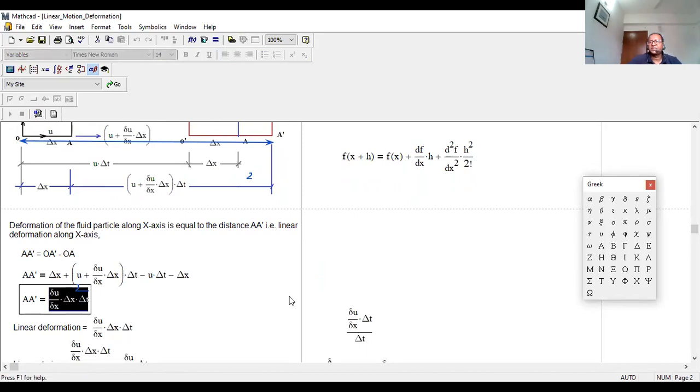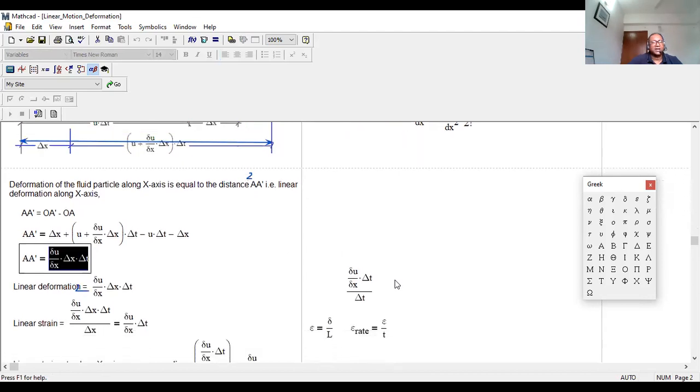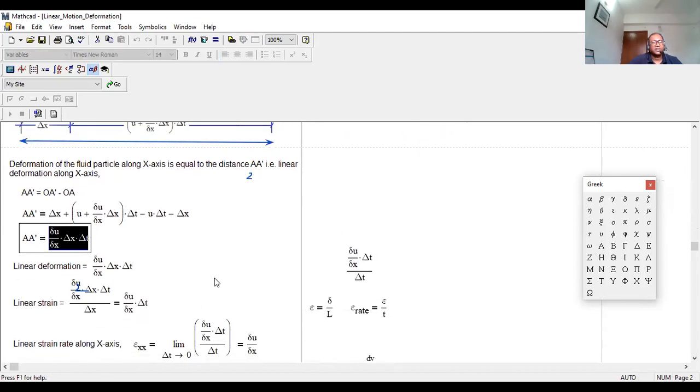But I would like to figure out the strain. What does strain mean? Change of length, how much rate of change of length. If I say rate, then it comes with time. But if I would like to figure out the strain, only linear strain, you already learned in solid mechanics.